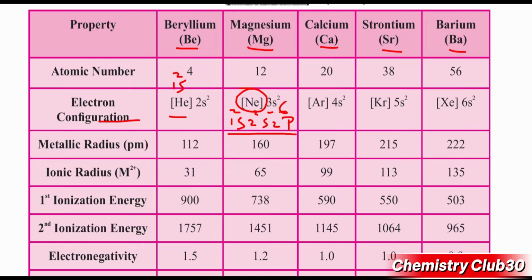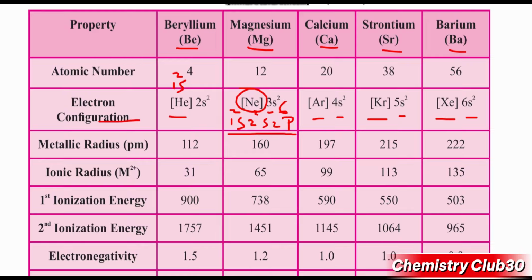Calcium has atomic number 20 and its configuration is given in short form as argon and 4s2. For strontium we have krypton configuration and 5s2 is the valence shell. And for barium, atomic number is 56, we have the configuration of xenon and the valence subshell is 6s2.